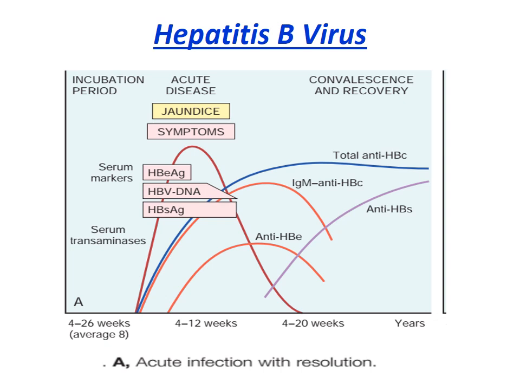Serum transaminases have increased. There is increased HBe antigen. This is the highly transmissible antigen, and then the HBV DNA is there. HBs antigen is increased. There will be jaundice and other symptoms may also occur at this time in the acute disease.